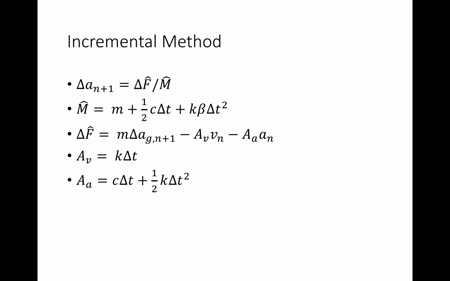We can directly calculate the incremental acceleration by delta f hat divided by m hat. m hat is the same: m plus half c delta t plus k beta delta t squared. However, delta f hat is m delta ag n+1, the increment of the ground acceleration in n+1 step, minus A_V v n and minus A_A a n, where A_V and A_A are constants with k delta t, and c delta t plus half k delta t squared.